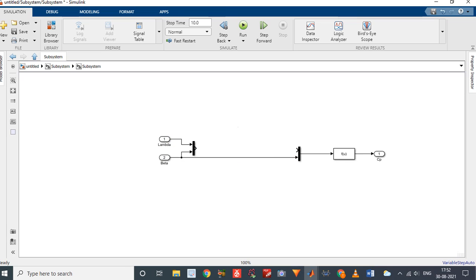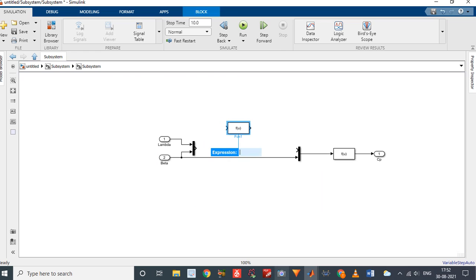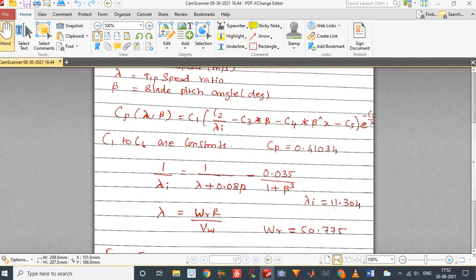And then I need one more function here, FCM, because we have to make this equation. That's why I'm calling another function.